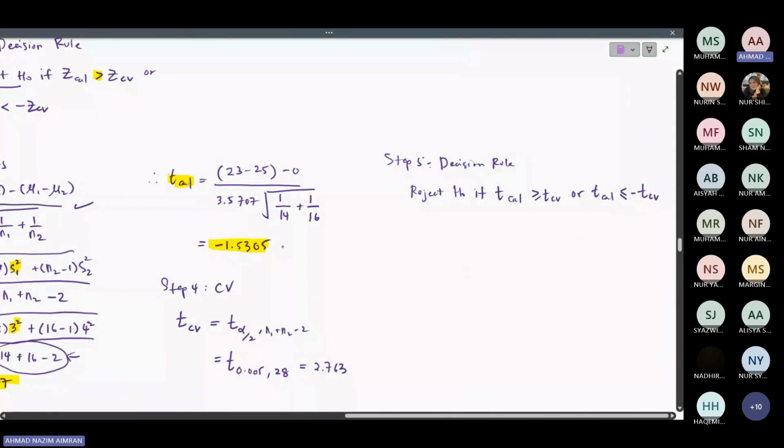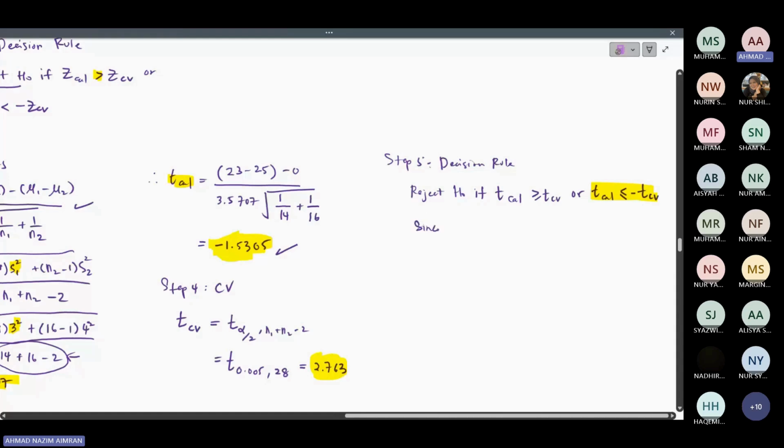Since we have a negative T calculated, we will use this one.